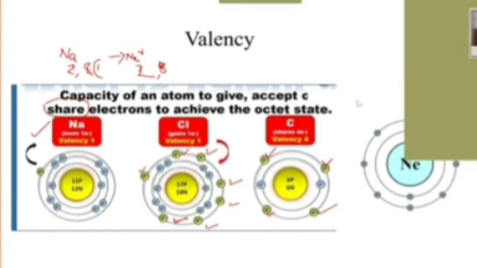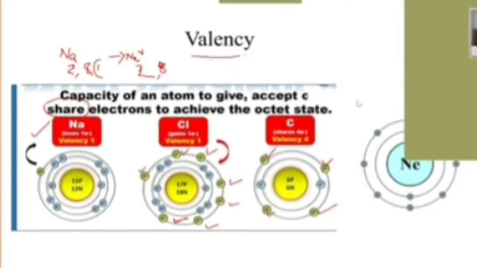In the third figure, it is carbon. Carbon has 4 electrons in the valence shell. To attain stability, the carbon atom shares 4 electrons. So valency is 4 in carbon. The next figure is neon. In neon, there are 8 electrons in the valence shell.